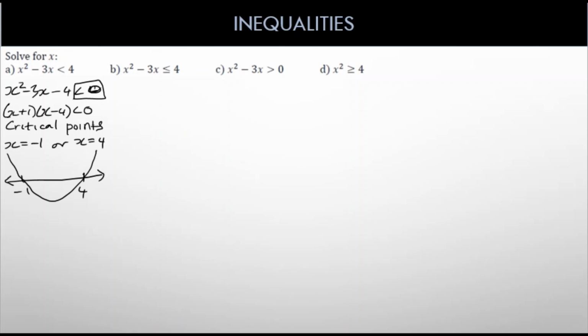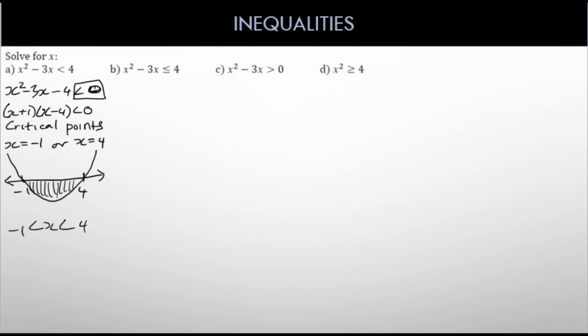When the inequality is less than, you are going to shade the bottom part, and the less than inequality is facing this way. You just put x and your critical points, and it works like this every time, and you must make sure that your leading term is positive. Let's go to the next one.